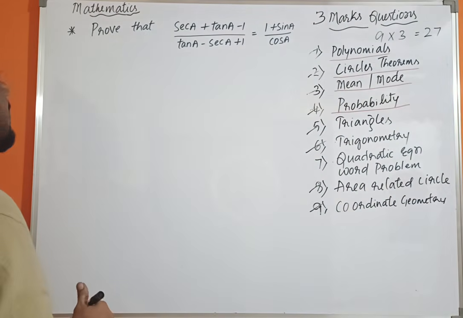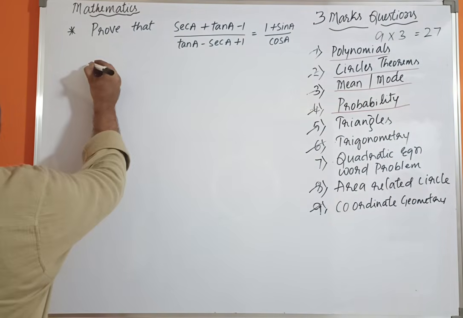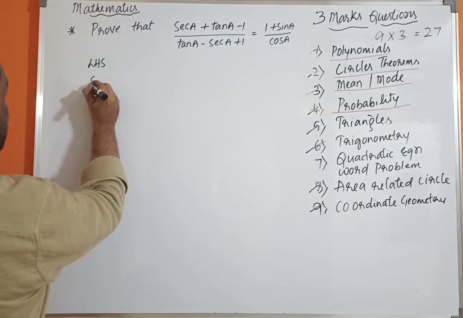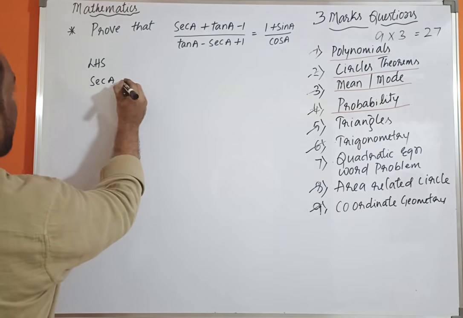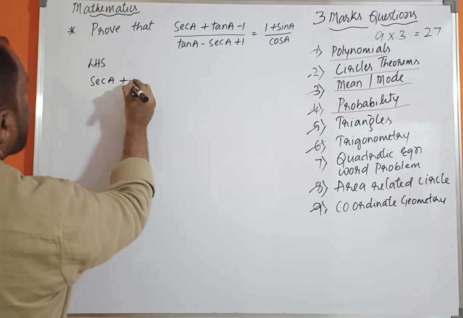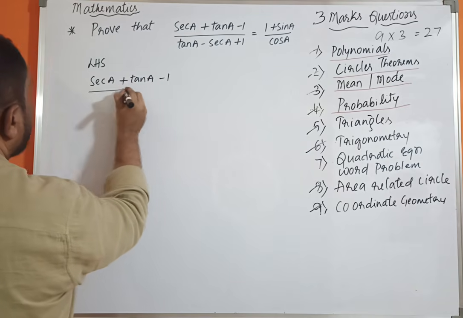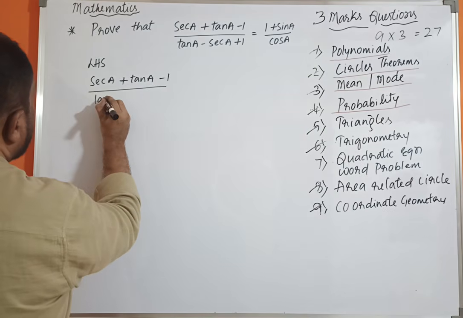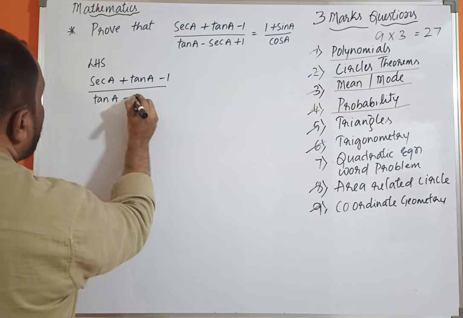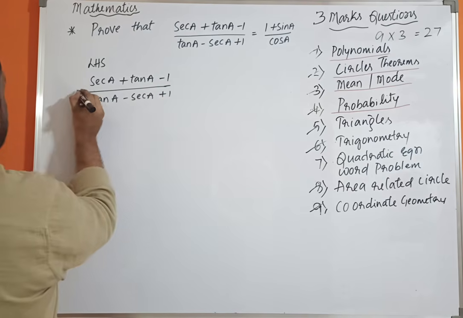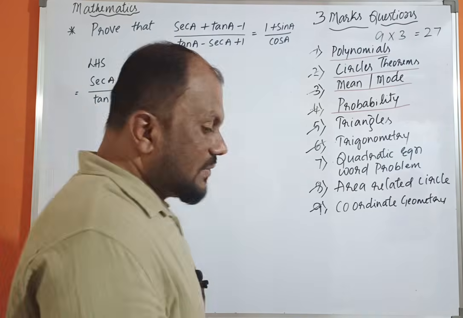So let us take down the LHS. Secant A plus tan A minus 1, upon tan A minus secant A plus 1. So this is our LHS part.